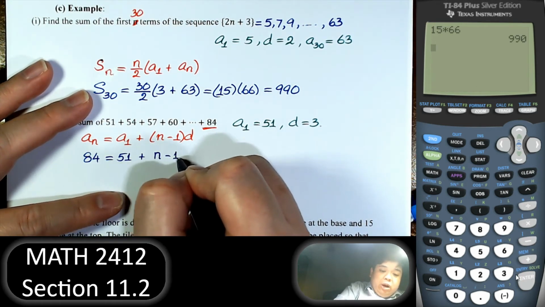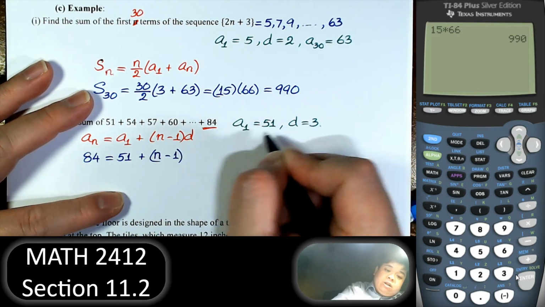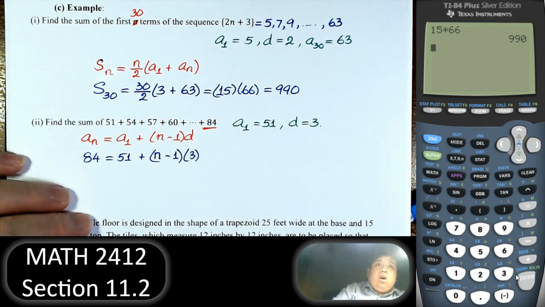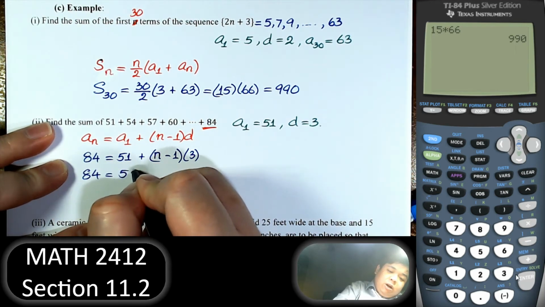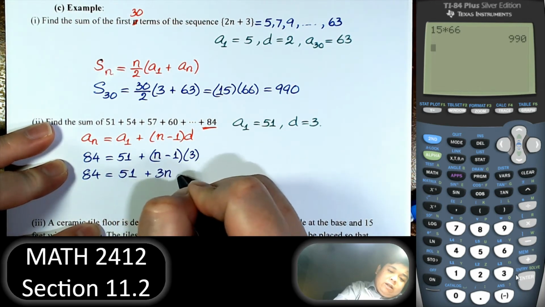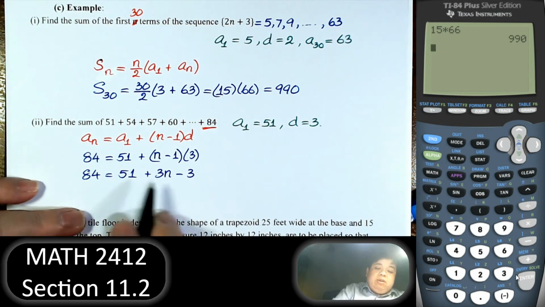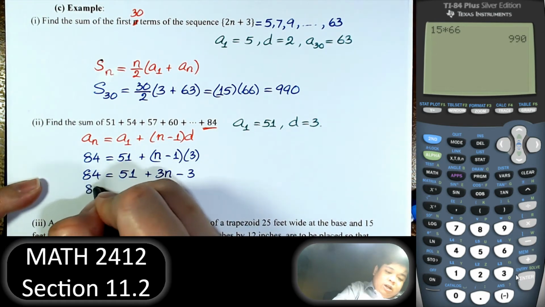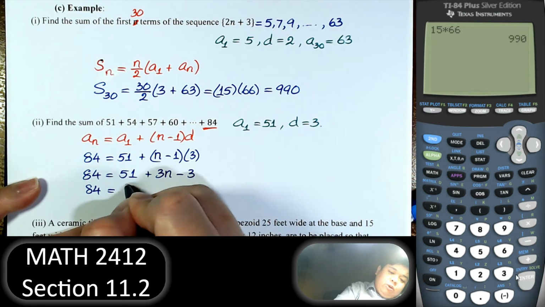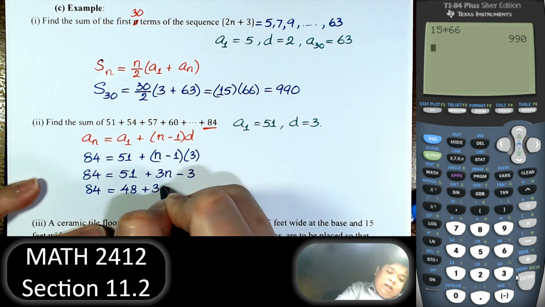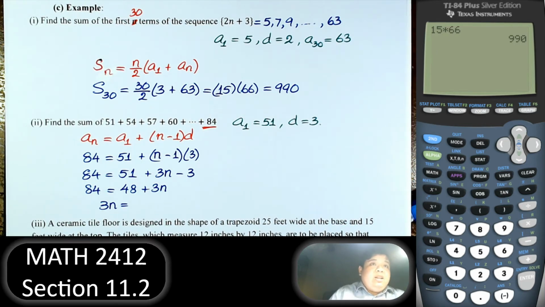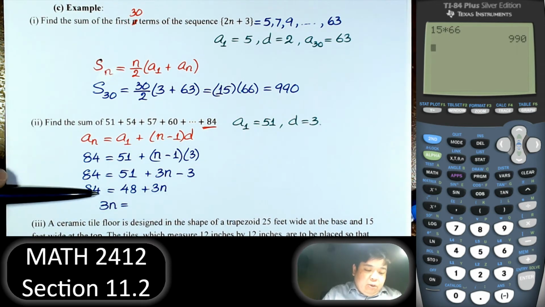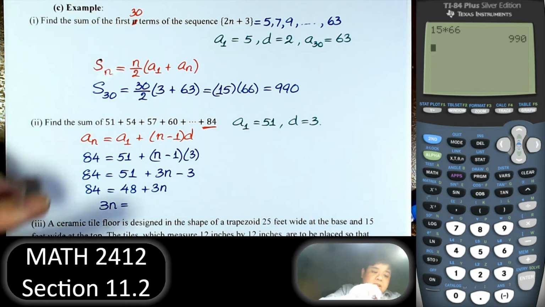We still don't know n, but we do know the difference is 3, right? Multiplying out, 51 plus 3n minus 3, and 51 minus 3 is 48. So 84 equals 48 plus 3n. So 3n is 84 minus 48, divided by 3. 84 minus 48 is 36.